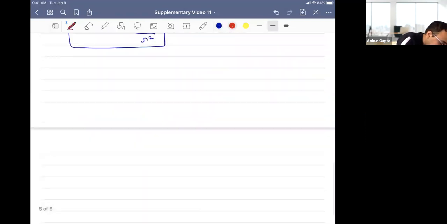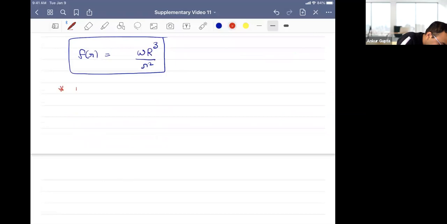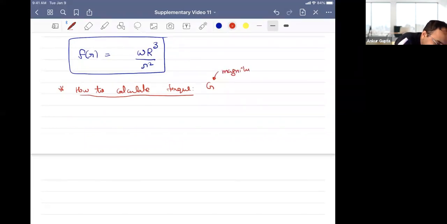So how to calculate torque? We'll only calculate the torque magnitude, or G, the magnitude. We'll not worry about the direction as much. It's a small thing, and it's something I don't want to confuse you about.